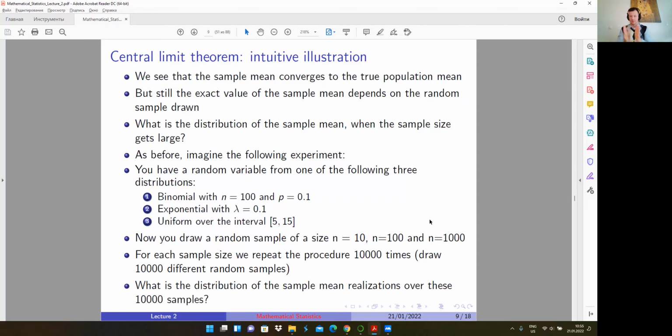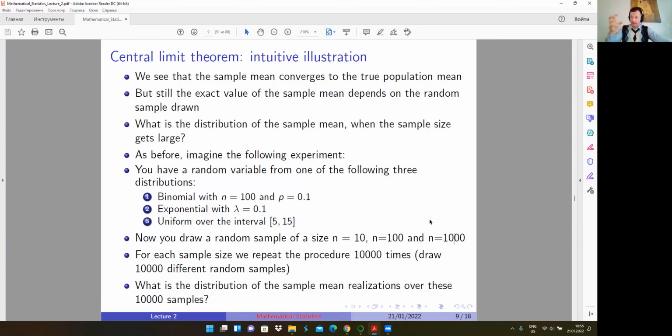Once again, like when I showed you the convergence to the true population mean, I took only one random sample for each sample size. Now I take three sample sizes, 10, 100, 1000, and I do 10,000 draws of random sample for each size.